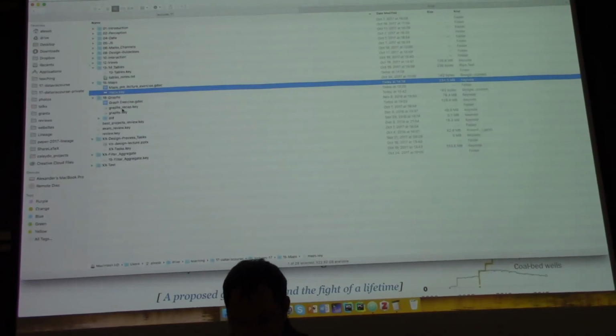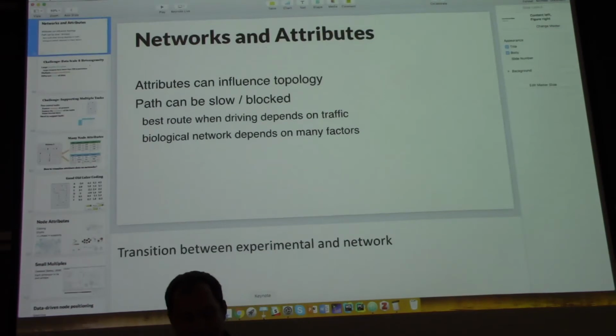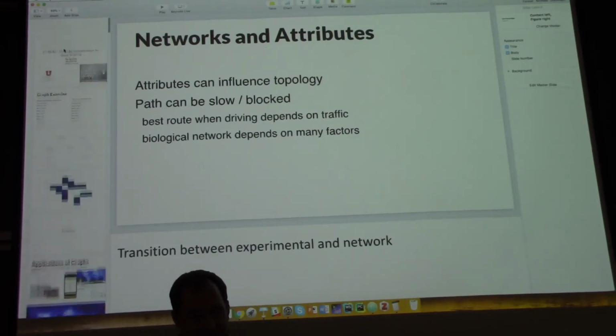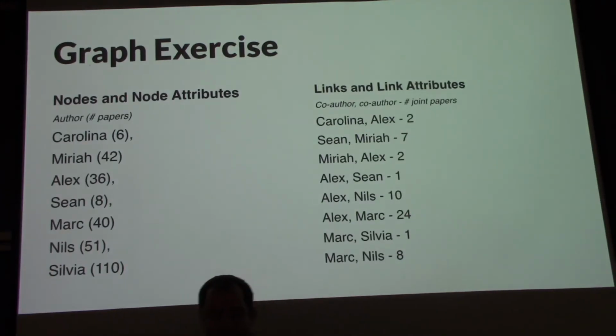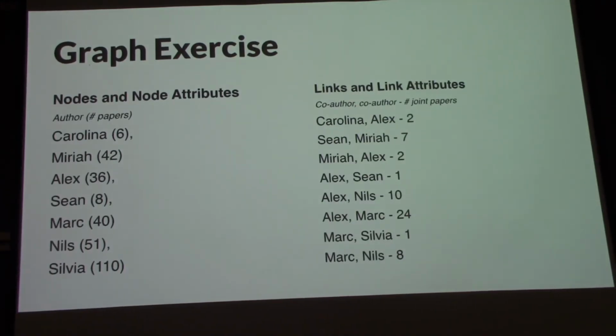And for graphs, I want to start out with you trying to come up with graph visualization techniques yourself. So we'll run an exercise. I'll be handing this out.